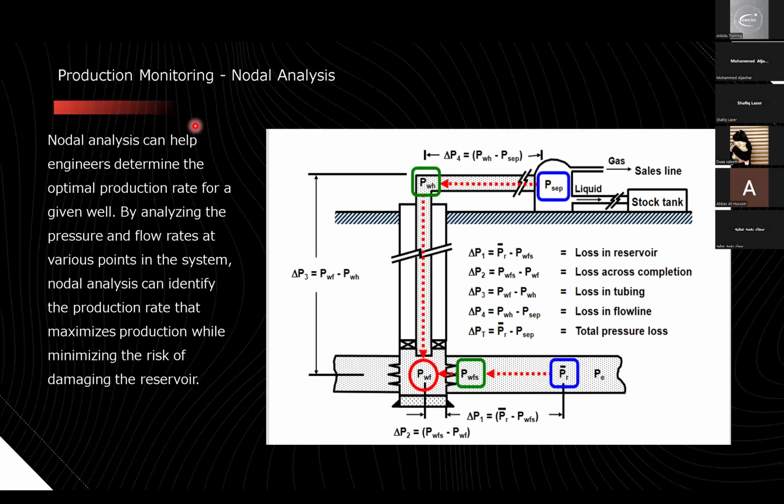So, you know, for production monitoring you have to use nodal analysis. There is some software and tools to predict reservoir pressure and bottom hole flowing pressure, and then you can predict the wellhead performance and all the data. Where is the pressure loss inside your system?